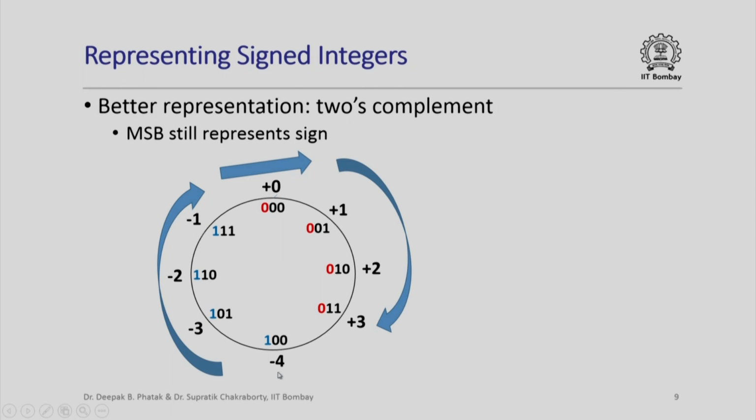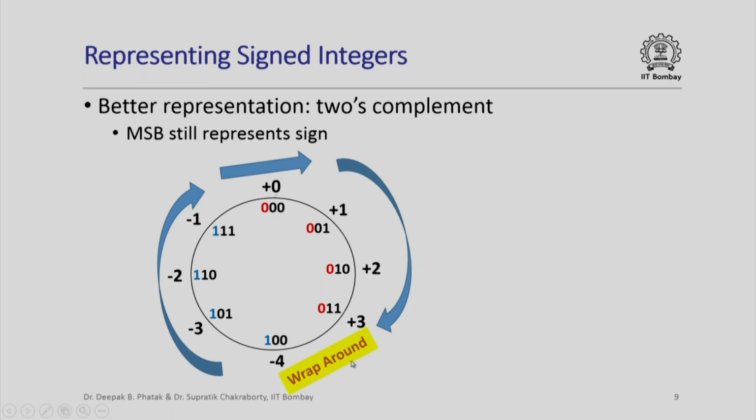So effectively we are starting from here, continuing to increase: -4, -3, -2, -1, 0, 1, 2, 3. So we have one complete sweep over here in which all the numbers represented increase, and of course finally when we go from here to here, we would go from +3 to -4, the largest integer represented to the smallest integer represented.